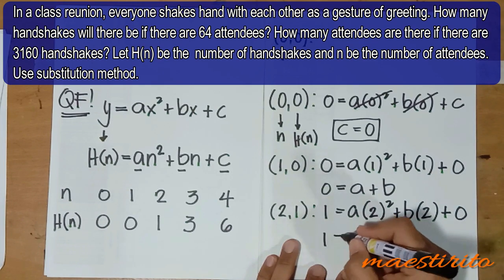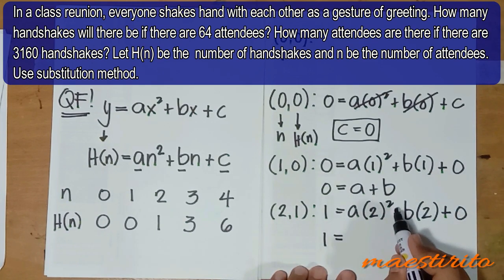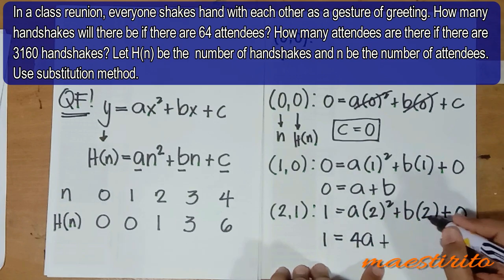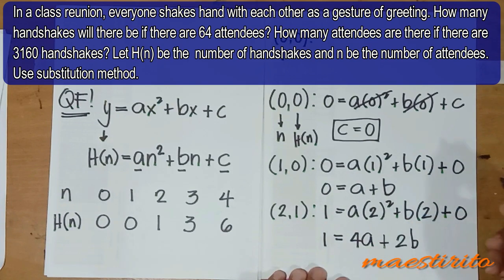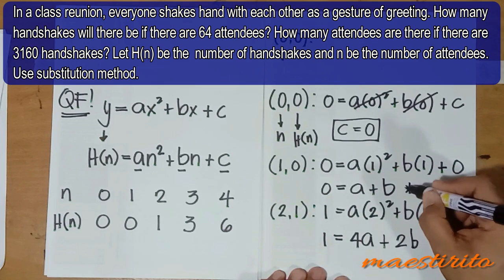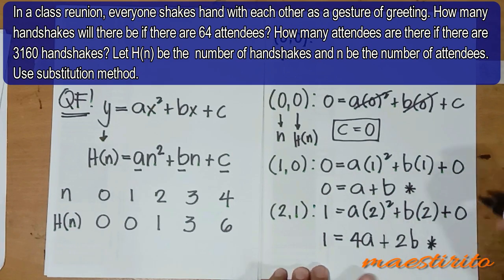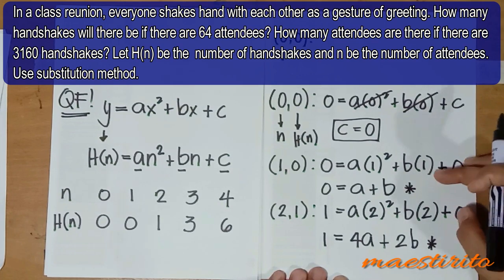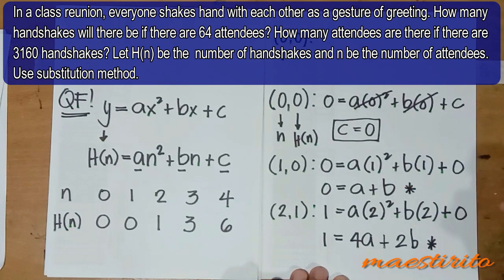So this will give us y equals 2 squared, which is 4, times a, that's 4a, plus 2b. So we now have these two equations here that will help us to get the values for a and b.